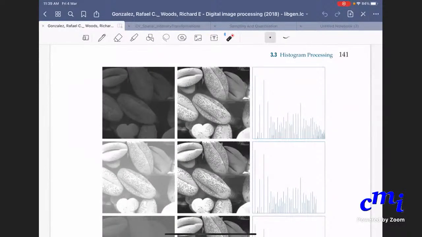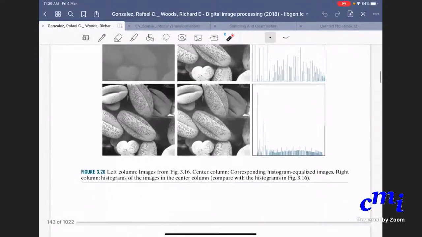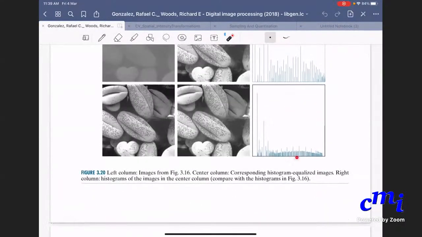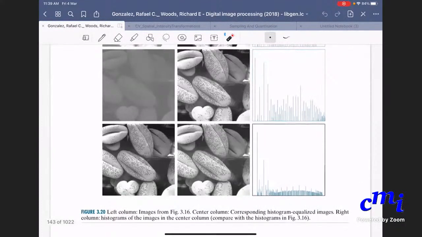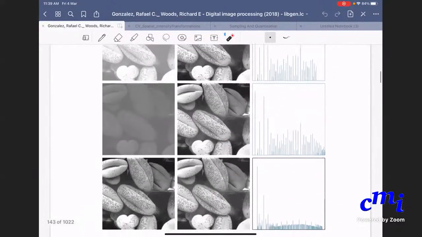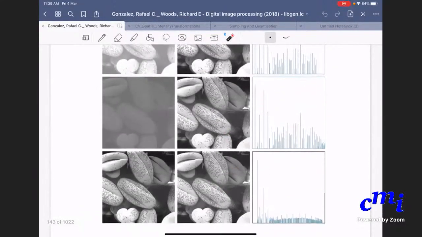And visually, even though these four histograms in the last column look different, this histogram is definitely very different from this one, if you look at the images, you wouldn't be able to tell that the histograms look different. That is because our perception of images is mostly about contrast. So if the image content is the same in both images, then the fact that the intensities are spread around is more than enough.